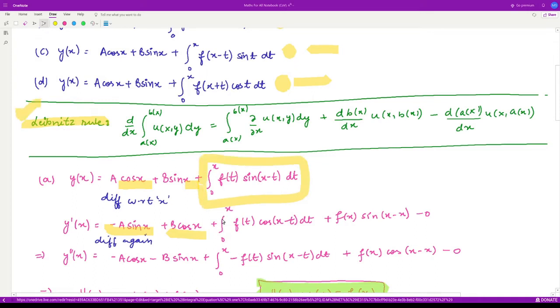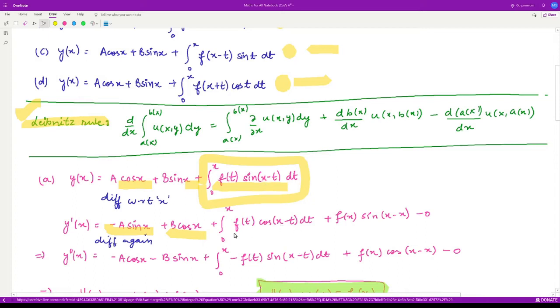So firstly, we'll write the integration from 0 to x as such. Then we'll take the partial derivative with respect to x of this term. Now f of t doesn't contain x, so it comes as it is. Sin of x minus t would be cos of x minus t, and then the derivative of x minus t would simply be 1.